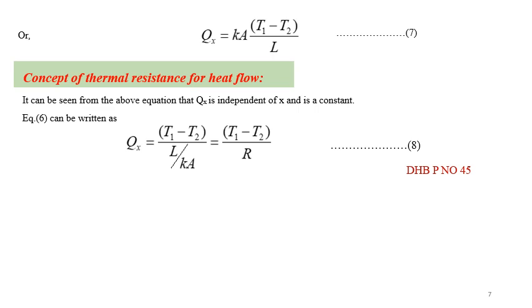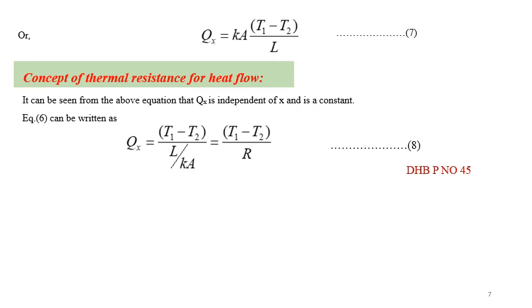So for electric current, from Ohm's law we can say current I is equal to potential difference dV divided by electrical resistance R. Am I right? All of you have studied what Ohm's law states, that electric current is directly proportional to potential difference.